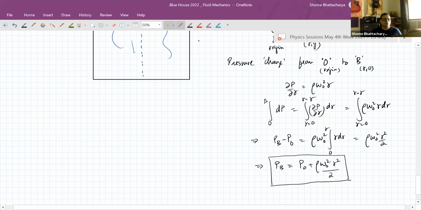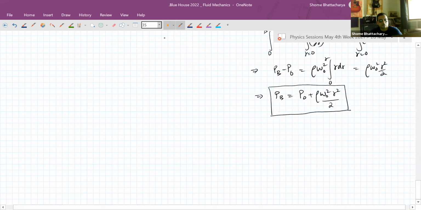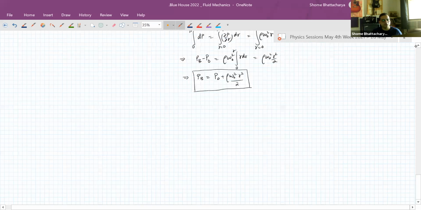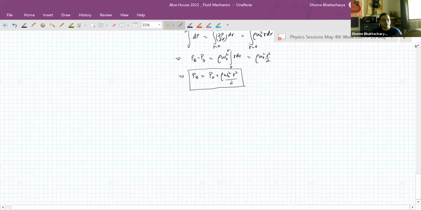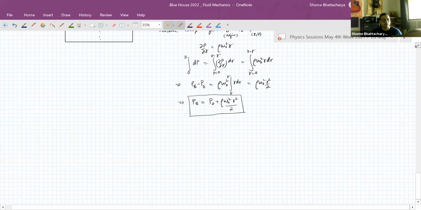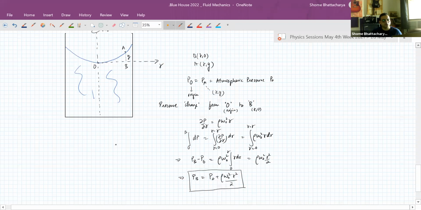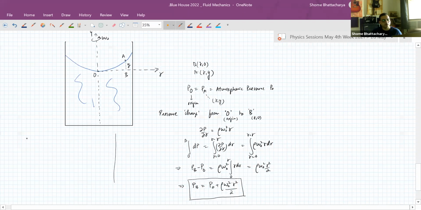Now, similarly, when we consider the relationship between the pressures at the point A and B, we'll have to bring in the vertical pressure gradient into account. From that, we can show that the pressure at the point B should be equal to pressure at the point A plus rho g h, where h is equal to y.